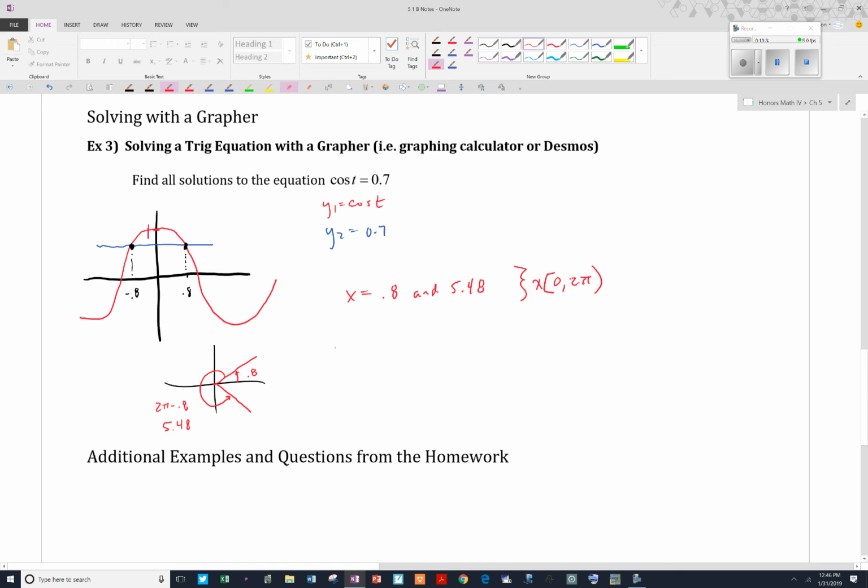So there's no way to simplify this answer like we did in the last problem. So what we're going to do is just say one solution is 0.8 and all of its coterminal angles. The other solution is 5.48 and all of its coterminal angles. Okay, and then that would be the general solution to this equation.